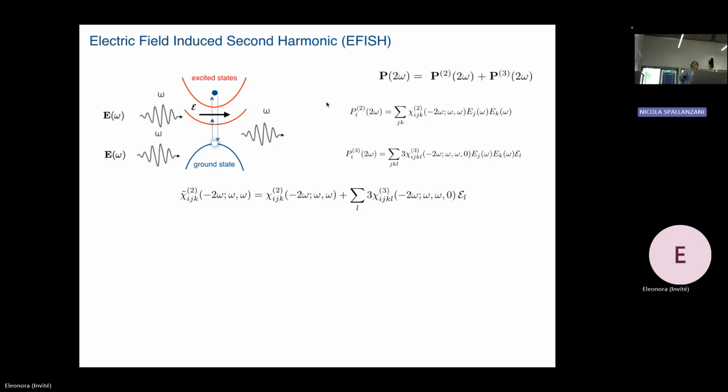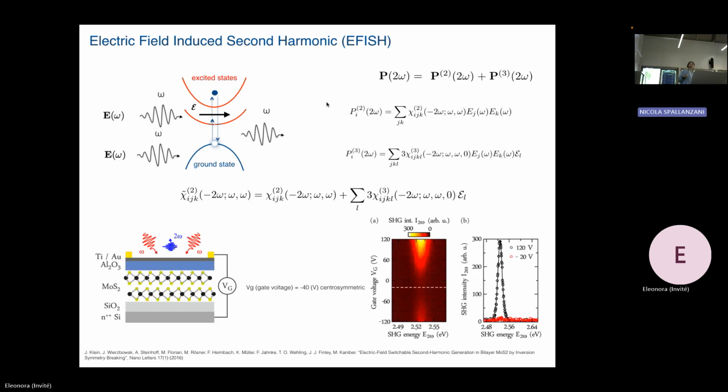And then what you can see, for example, is that you can really measure it. This I took from the literature: a case where you have a bilayer system that, in principle, both the measurement and the calculation give zero for second harmonic generation, because it's centrosymmetric.